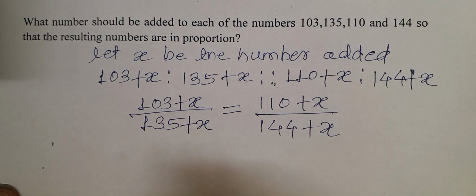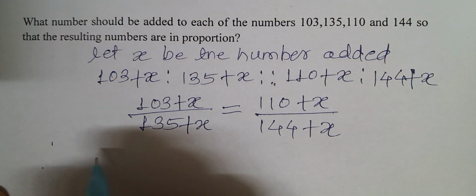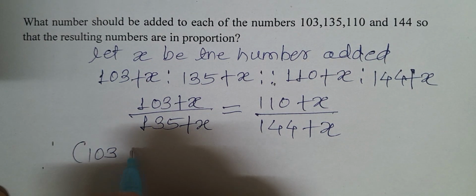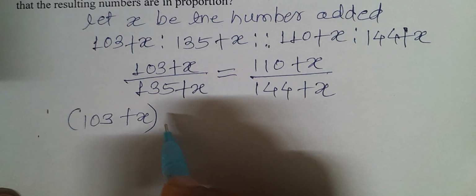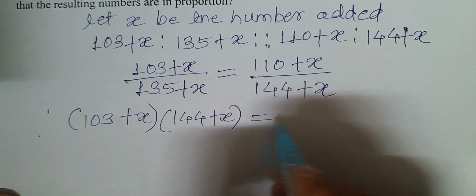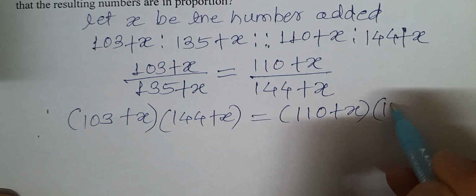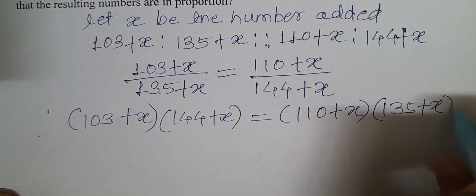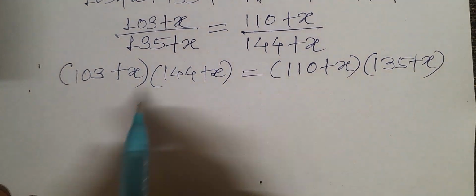So in this way we can now cross multiply. So (103 plus x)(144 plus x) is equal to (110 plus x)(135 plus x). Okay, just solve these brackets.